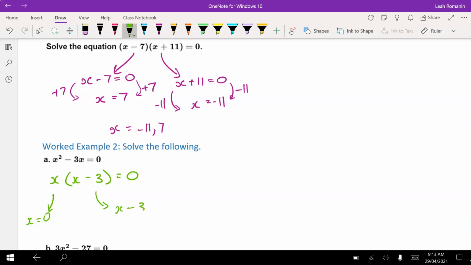So we're going to have x minus 3 is equal to 0. Someone shout out to me what we're going to do to both sides to get x by itself. Plus 3. Fantastic. So I'm going to plus 3 to both sides. X is equal to 3. So my two solutions for x are 0 and 3.